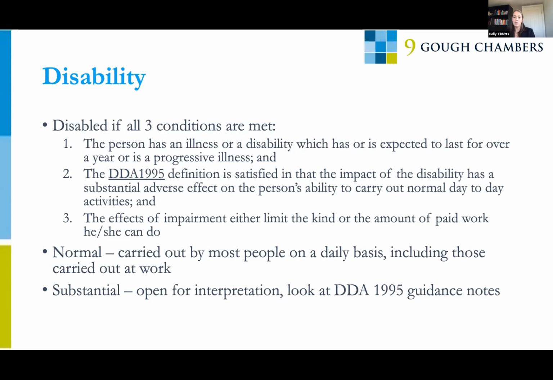The difference between the DDA 1995 and the Equality Act 2010 is really in the guidance notes. But if you've been using the guidance notes set out in Ogden 7, they appear to be from the Disability Discrimination Act 1995 anyway, so you should be okay.